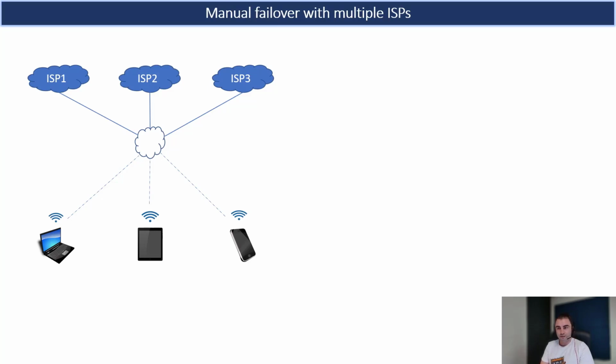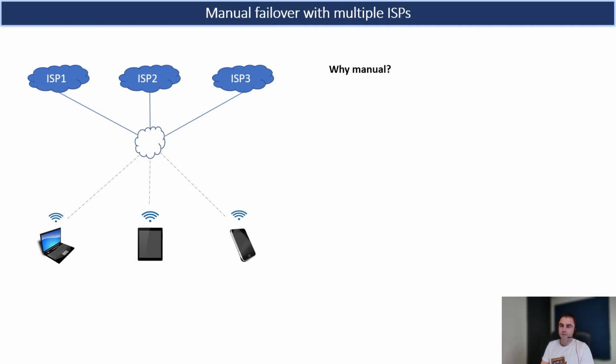So, the second important question is, why manual? And here I have to say that we can have automatic and manual failover. Automatic means that if the device here understands somehow that ISP1 is down, it can switch over automatically to ISP2, for example, or ISP3.